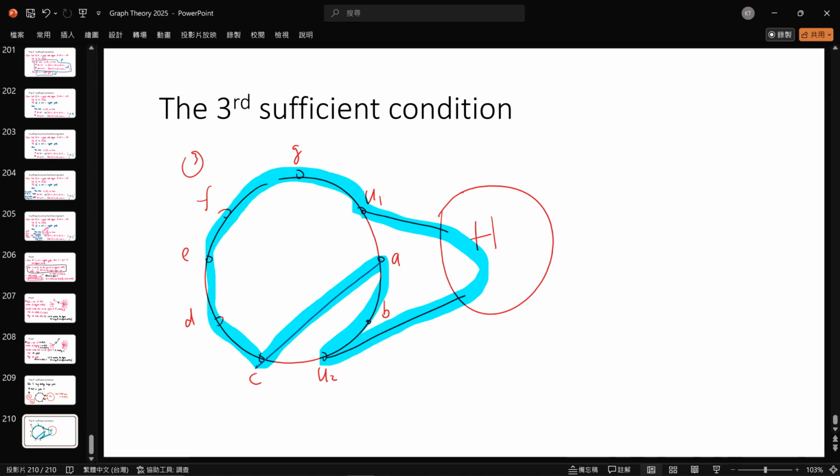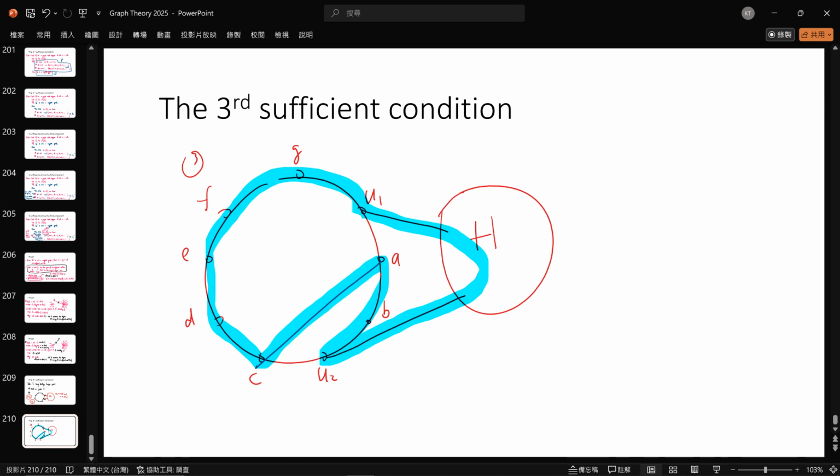So this is the larger cycle, which contains all the vertices on the cycle, along with some vertices in H. So I think the key idea is to find this kind of edge.